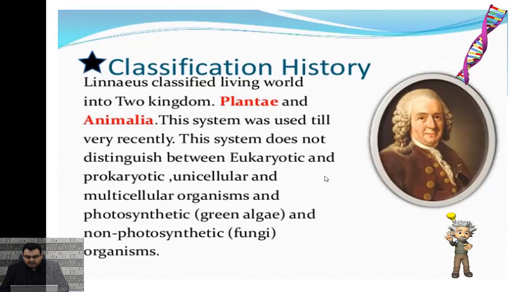Linnaeus classified the living world into two kingdoms, plants and animals. This system was used till very recently. It doesn't distinguish between eukaryotic and prokaryotic, unicellular and multicellular organisms, and photosynthetic green algae and non-photosynthetic organisms.